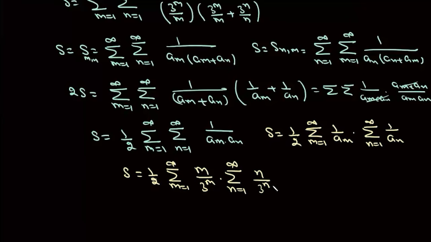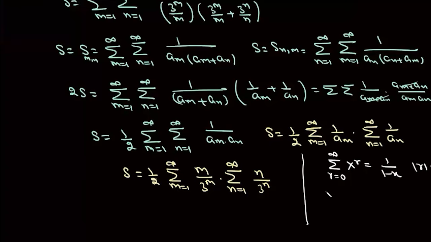Now we'll use this result, which is, we know that summation x to the power r, where r varies from 0 to infinite, is 1 upon (1 minus x) when mod x is less than 1.